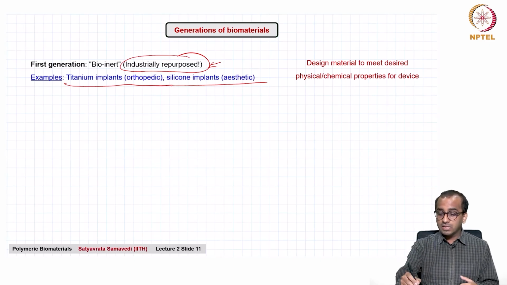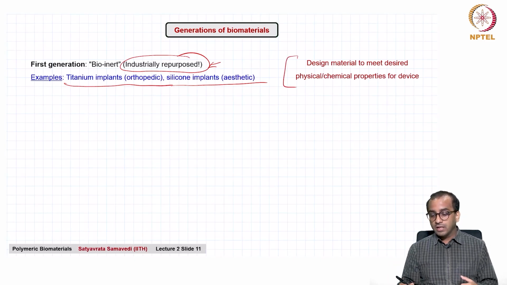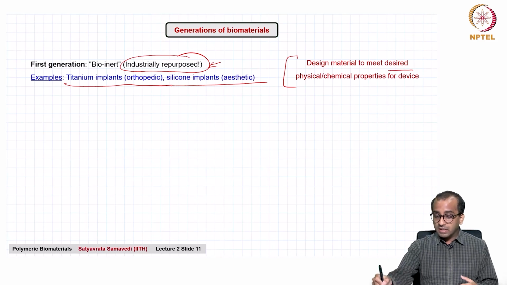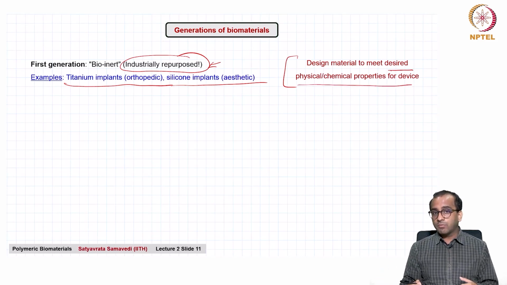Note here that the design philosophy is to meet desired physical and chemical properties of the device or even mechanical properties. So, the goal is largely to replace that kind of a function and not so much to elicit a specific biological response, as is clear with the use of titanium implants, for example, that largely serve a mechanical function.